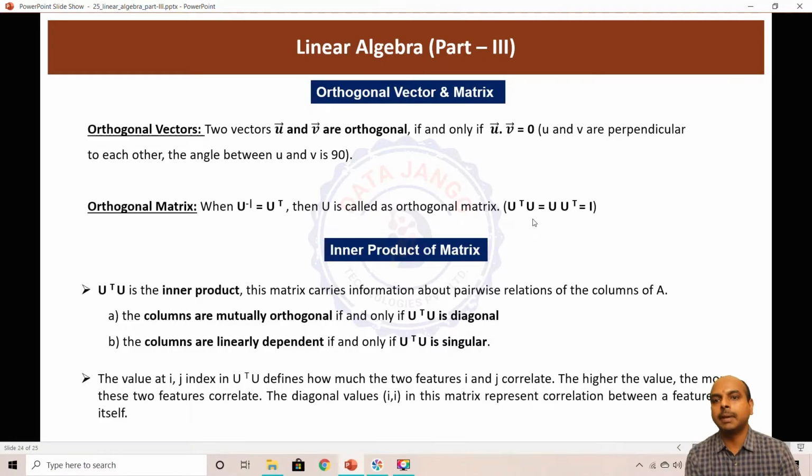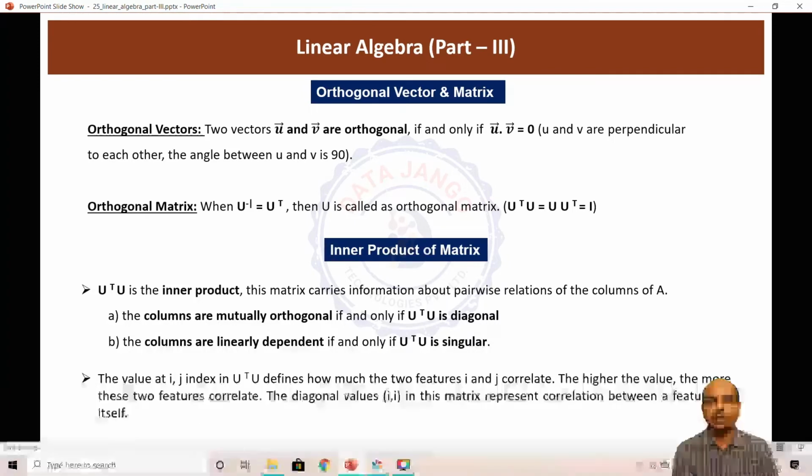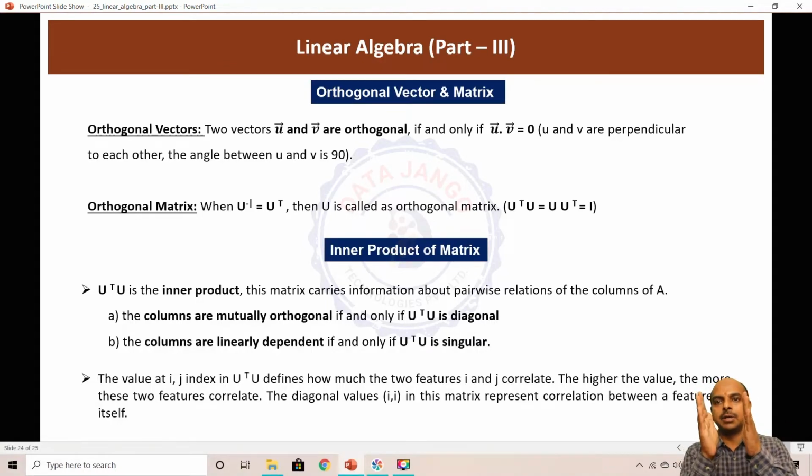When you convert rows into columns and multiply the transpose with your original matrix, which is nothing but vector multiplication, you get I. It means the diagonal values will be 1 and the off-diagonal values will be 0, because multiplying a unit vector with itself gives 1, and because one vector is orthogonal to the other, multiplying one column with another column gives 0.